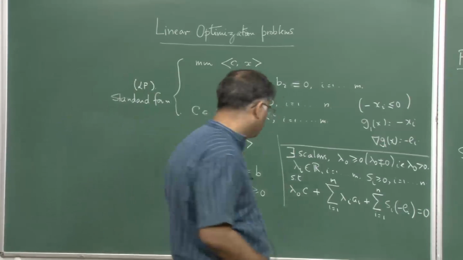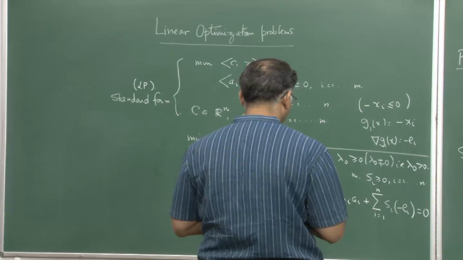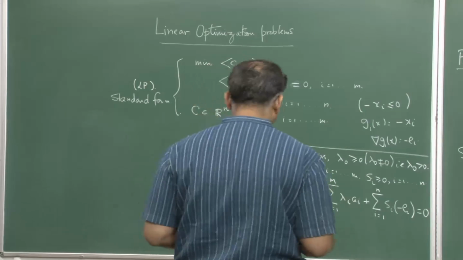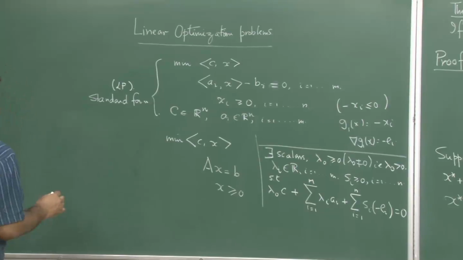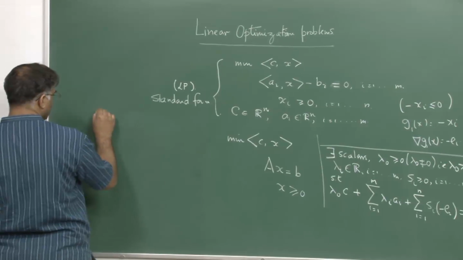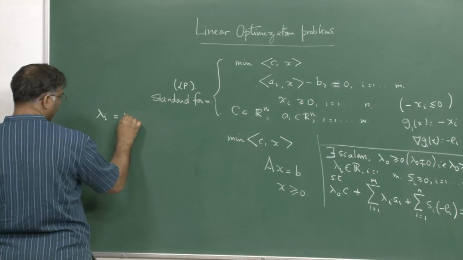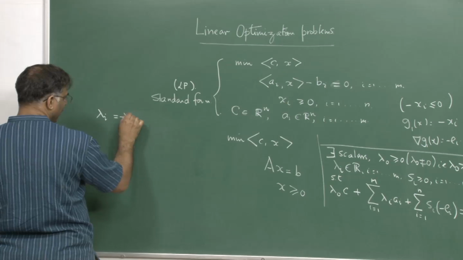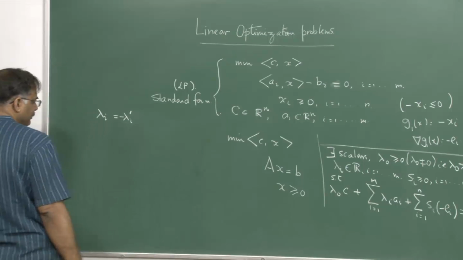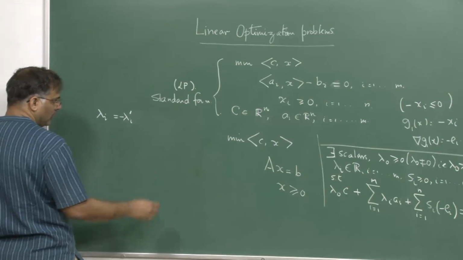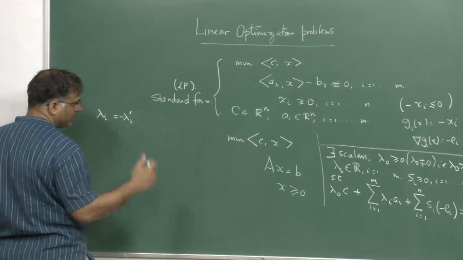Now, in order to get something nicer, in the way people write in the actual literature, I will replace lambda I by lambda I dash, because lambda I is just a real number. So, I can just write it like this. I can basically add to lambda I some number, so that the thing is 0.